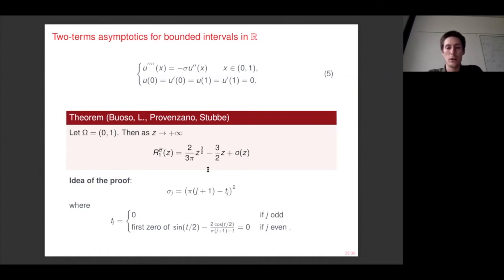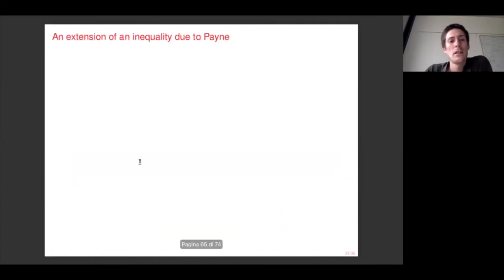So this concludes the part on asymptotic estimates, on what we can say about the asymptotic behavior of buckling eigenvalues. But while we were considering this problem in one dimension, somehow naturally we considered another problem in one dimension, and that is the problem of extending an inequality by Payne.